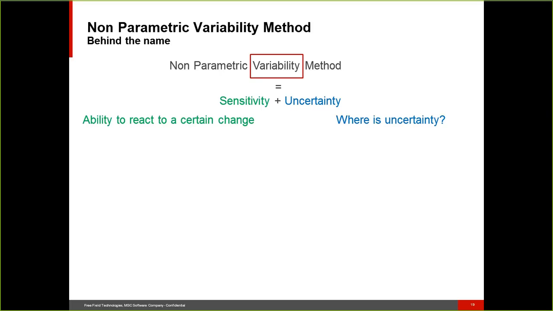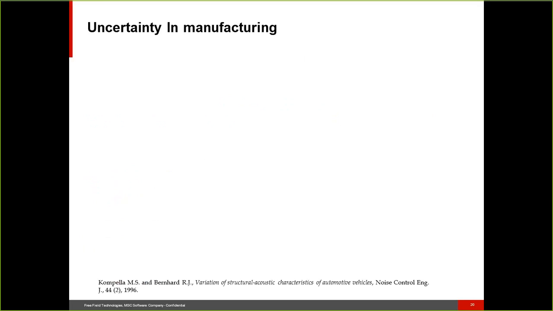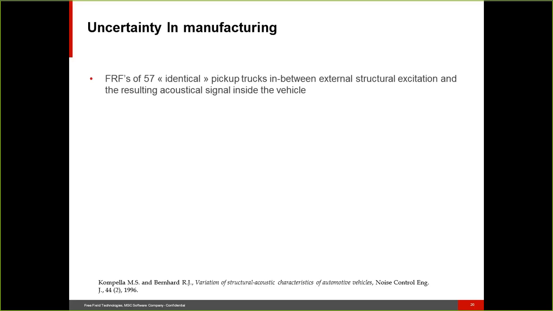Indeed, there are several sources of uncertainty. If we have a look at a satellite, one of the first sources of uncertainty is in manufacturing. The first illustration of uncertainty in manufacturing was done by Compella and Bernhardt in 1996, when they compared several frequency response functions of one vehicle to 57 identical vehicles.